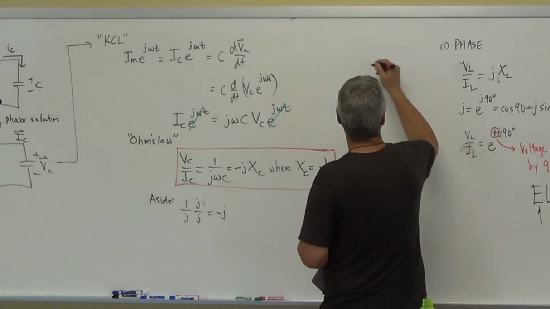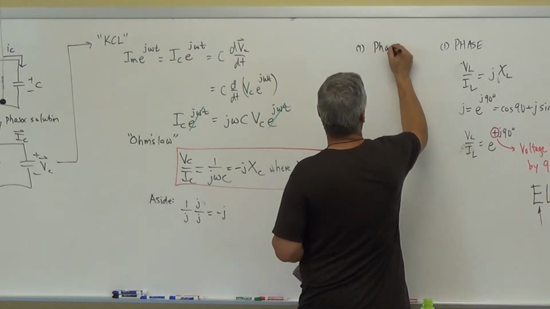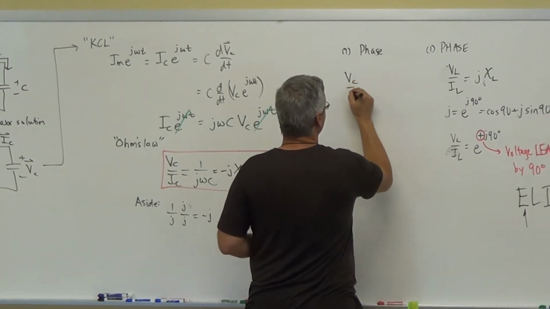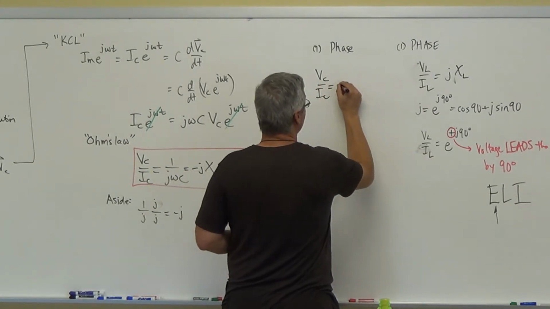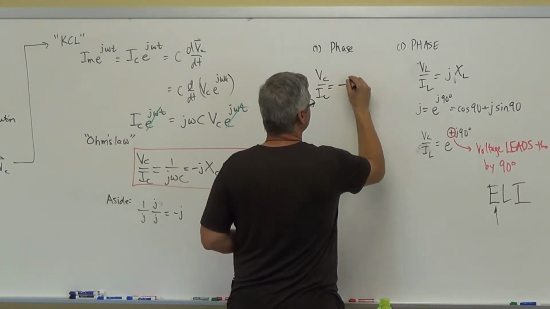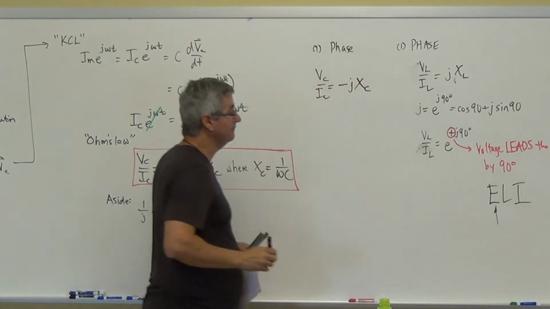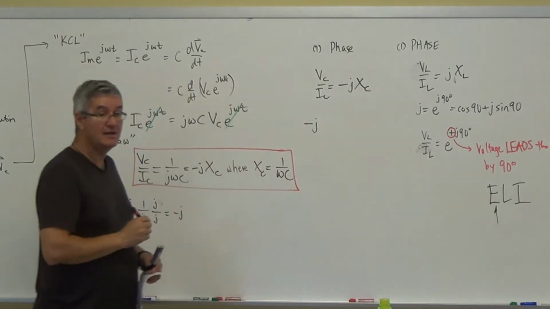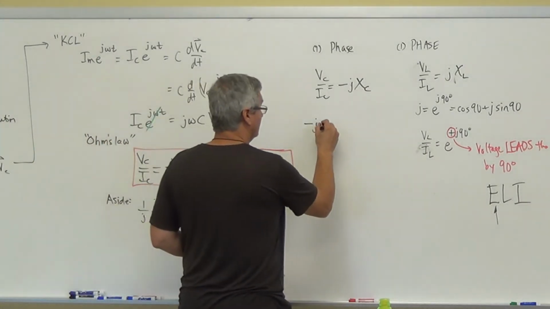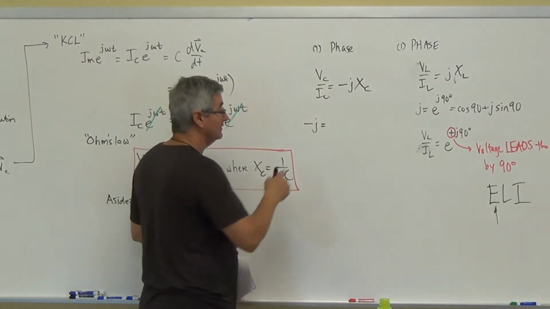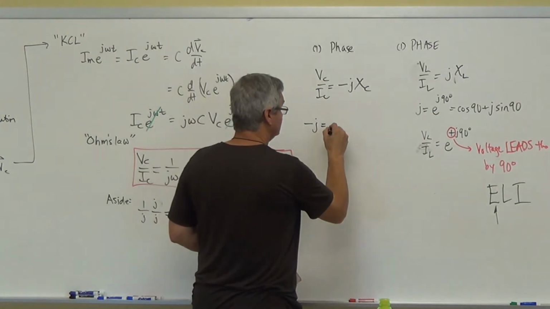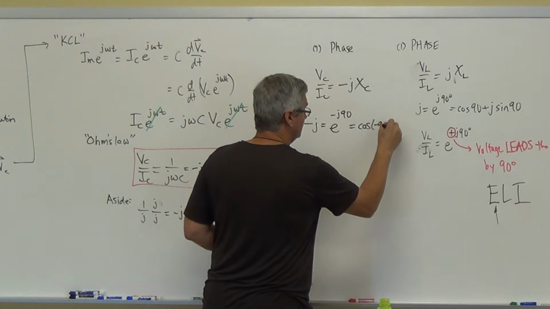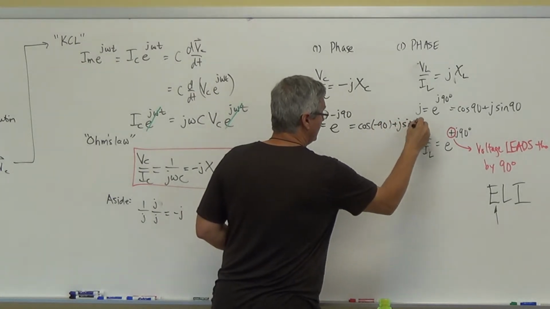So if I follow this type of thinking right here, the phase, so now I get what? I get VC, IC is then going to be minus j XC here. So if I write minus j in phasor form, it's going to look like what? If that's 90 degrees, this has to be minus j 90, which then is cosine of minus 90 plus j sine of minus 90.